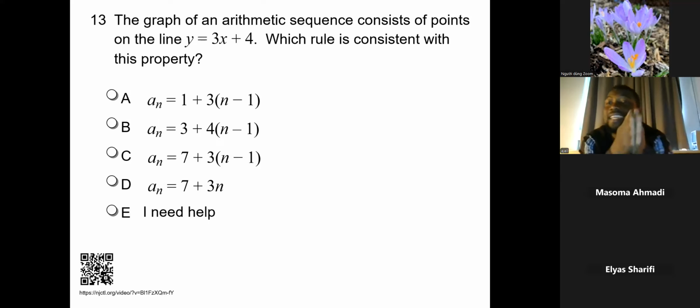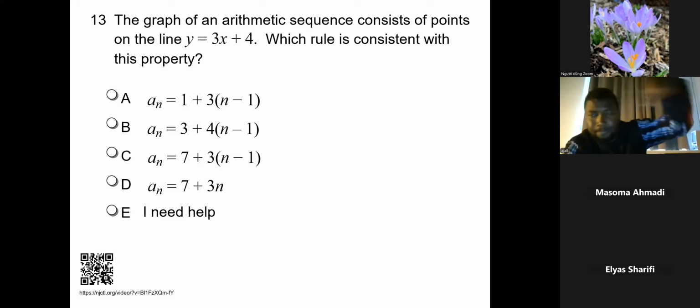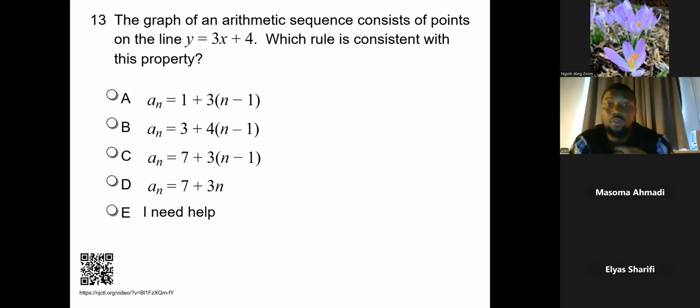If you know what the gradient is, in y equals mx plus c, m here is 3, and 3 is the gradient. And the gradient is the common difference. Now, if you know the gradient in the formula, you can always use that as the common difference. So it means for this sequence, the common difference is 3.